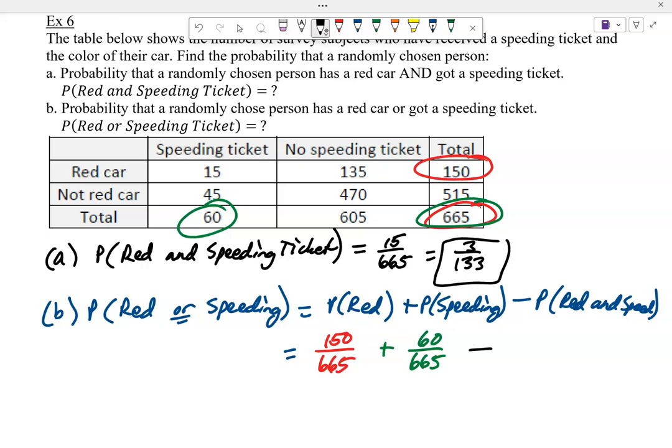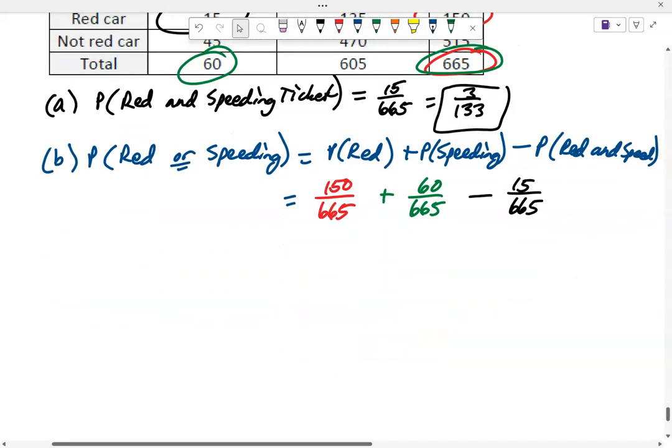Is there anybody with a speeding ticket and a red car? Can I pull out of the bag anybody with both? Yes, I have double counted 15 of them. 15 out of 665 have both a speeding ticket and a red car. All right, so this is not mutually exclusive, of course.